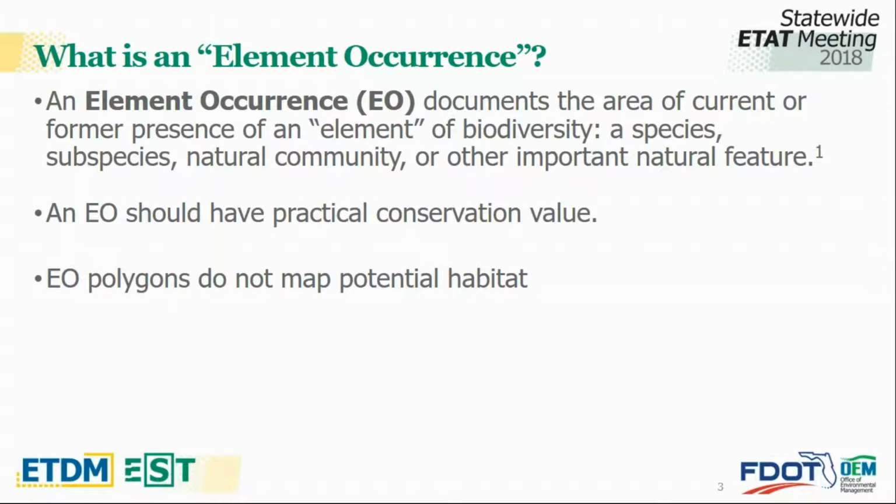And just as a general reminder, EO polygons do not map potential habitat. So an EO should have practical conservation value for the element as evidenced by potential continued or historical presence and/or regular recurrence at the given location. And it's more than just a casual observation, such as a bird flying over.